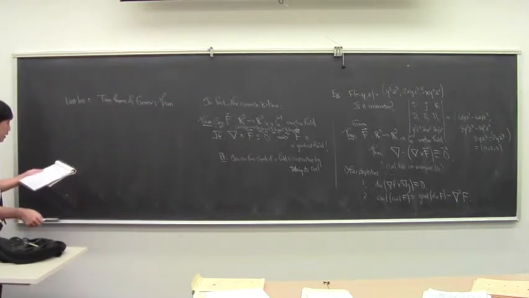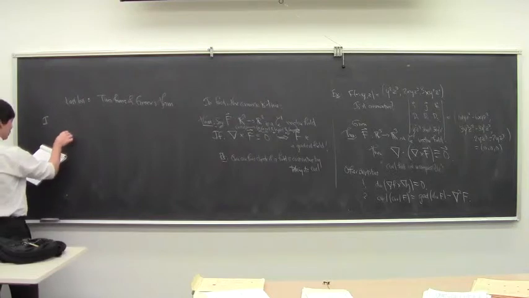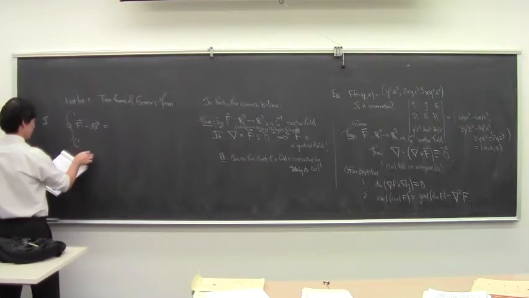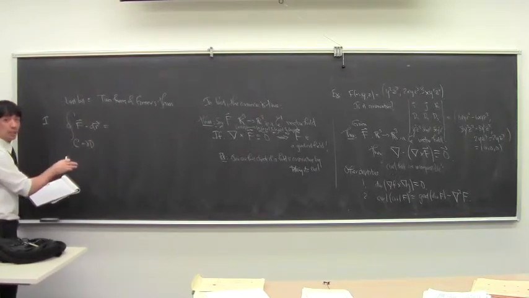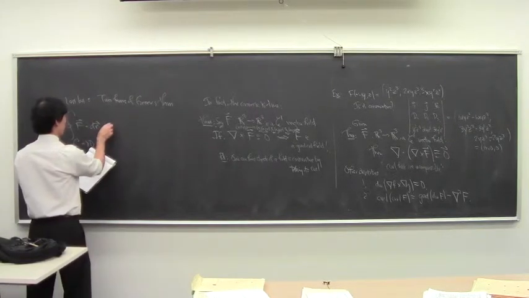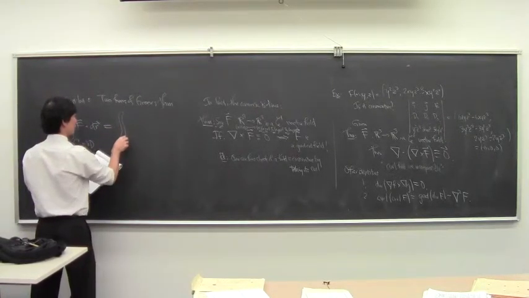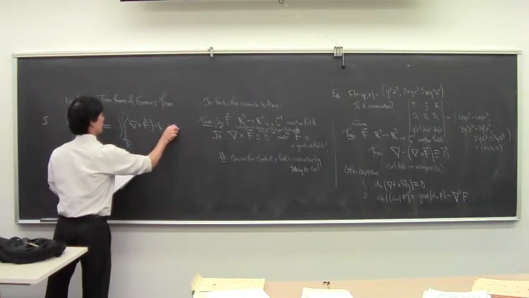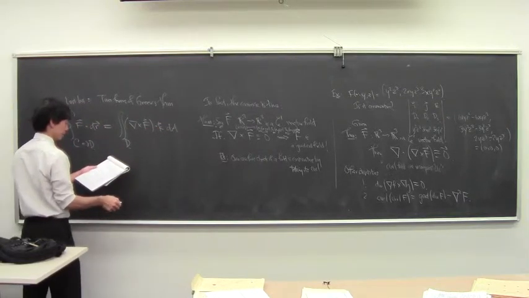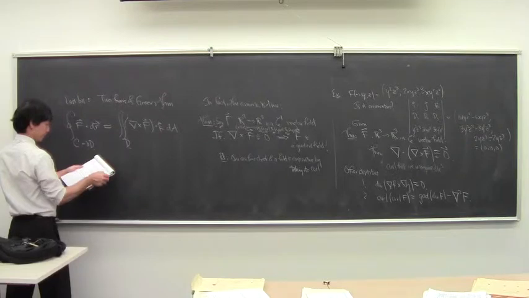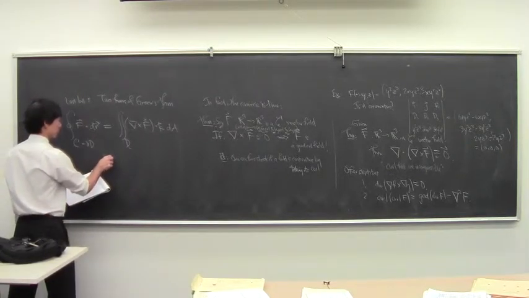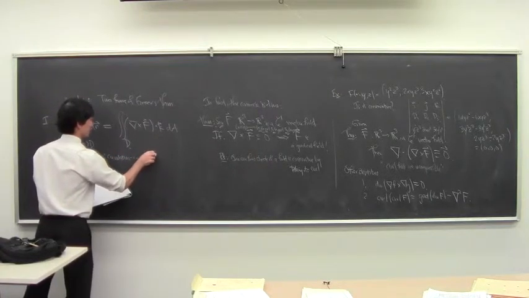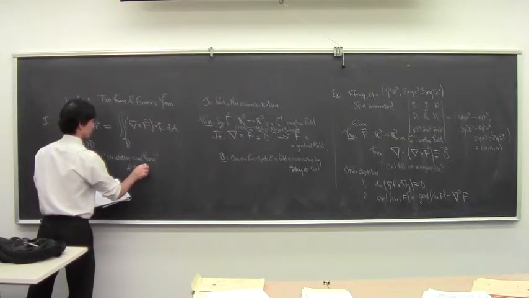Okay, so we have one form: if you take the circulation about the boundary around a closed curve, then that equals the integral of the scalar curl over the inside. This is called the circulation-curl form of Green's theorem.